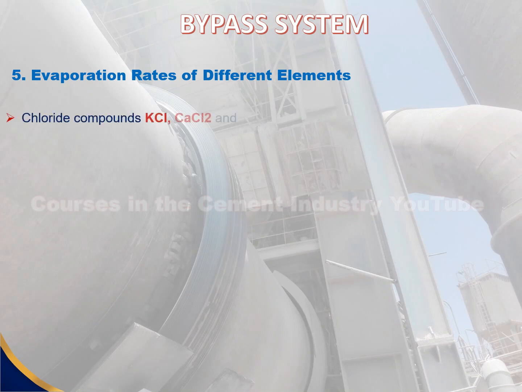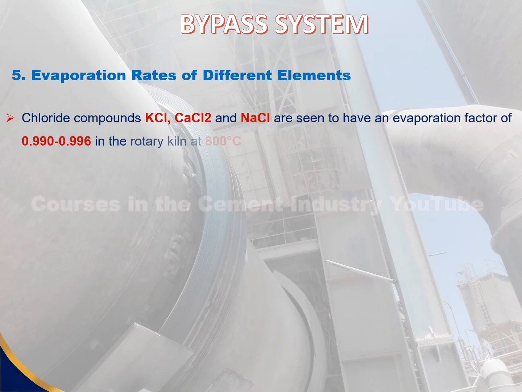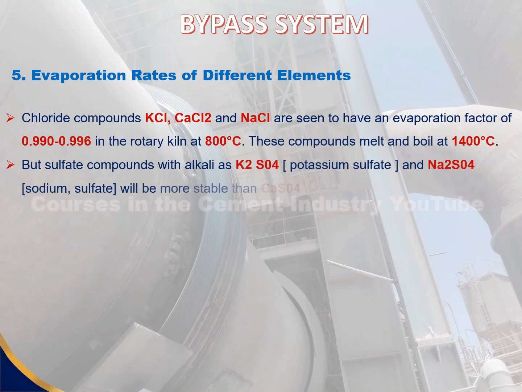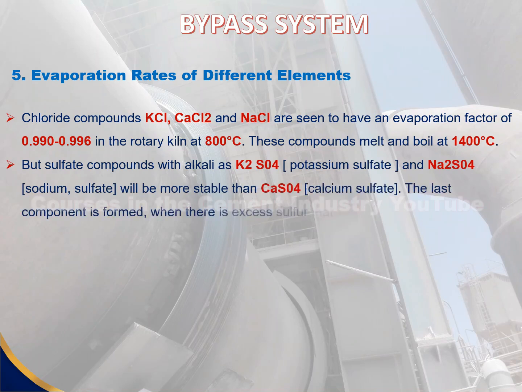Chloride compounds KCl, CaCl2, and NaCl are seen to have an evaporation factor of 0.990 to 0.996 in the rotary kiln at 800 degrees C. These compounds melt and boil at 1400 degrees C. But sulfate compounds with alkali, such as K2SO4, potassium sulfate, and Na2SO4, sodium sulfate, will be more stable than CaSO4, calcium sulfate.